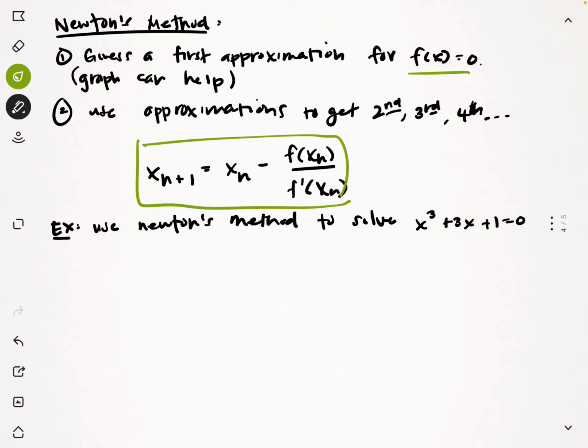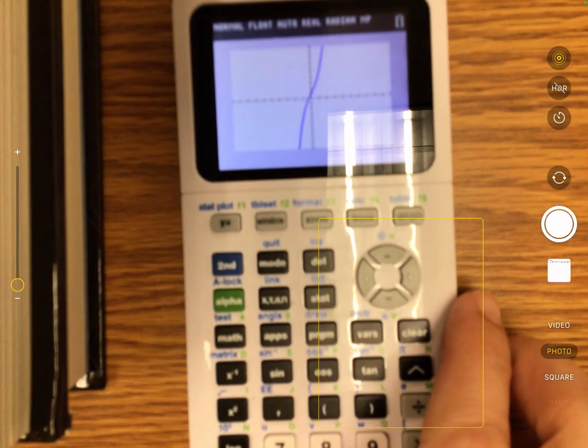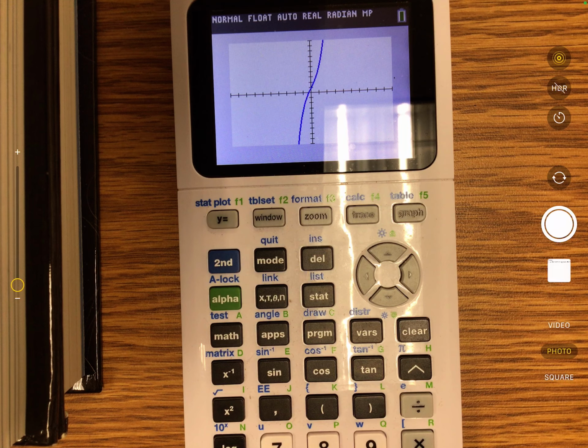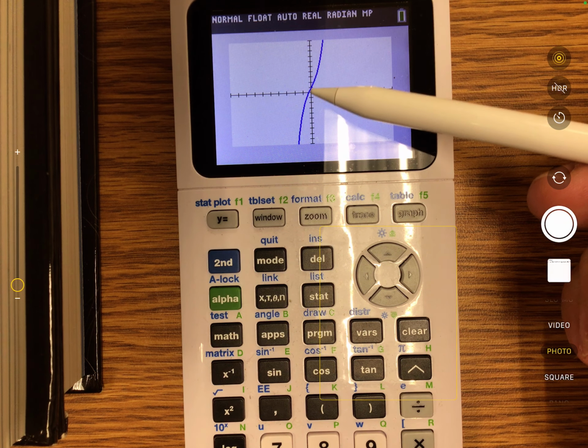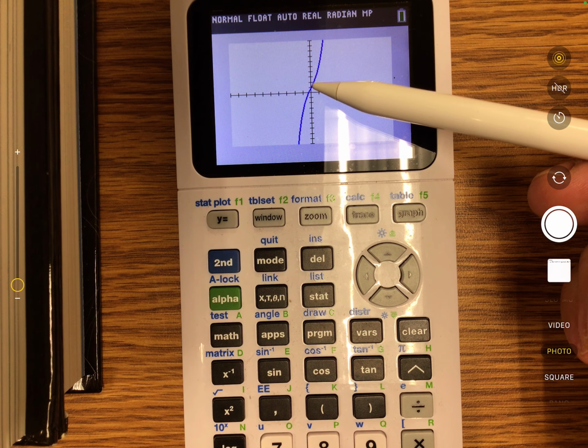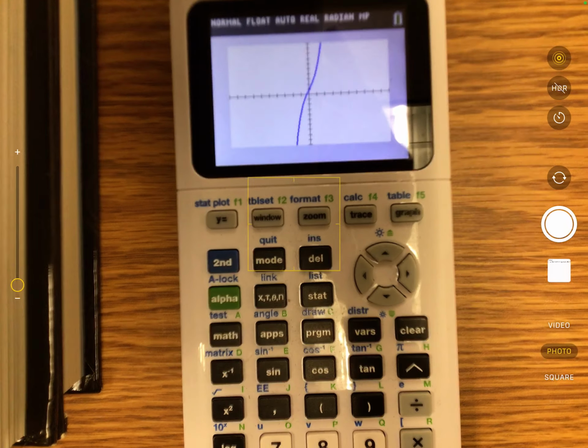So we're going to do x cubed plus 3x plus 1. And what it looks like is this. So if we're just looking at this, because we're just approximating it, that looks like our x, our 0 is 1. So we're going to use our 1.